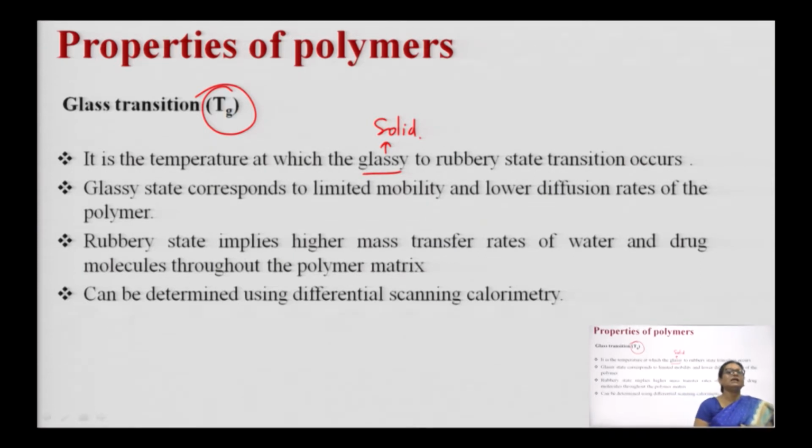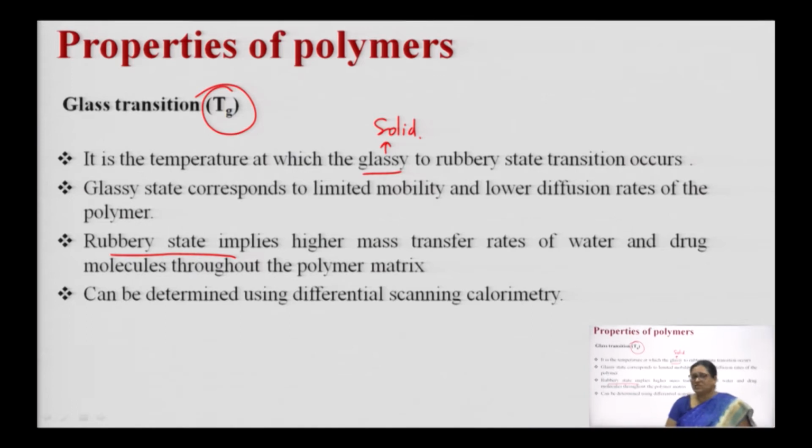Thus, from the drug release and diffusion point of view, the rubbery state would be preferable. And it is important that if a polymer is being used inside the body for a controlled drug delivery application, its glass transition temperature corresponds to the body temperature, where the polymer can transform from a solid to a rubbery state, and hence it can release the drug at the desired rate.